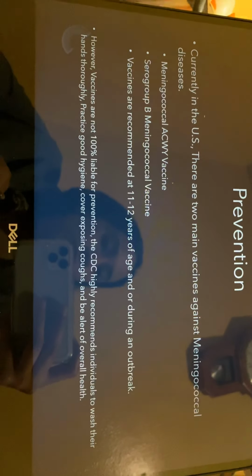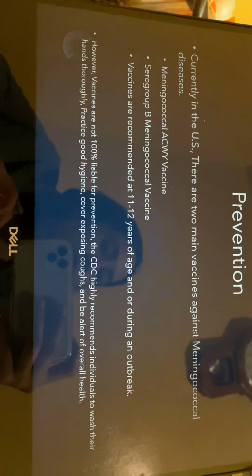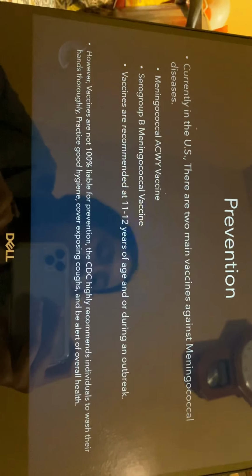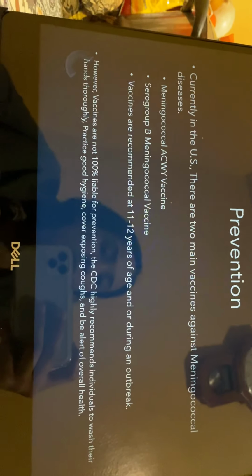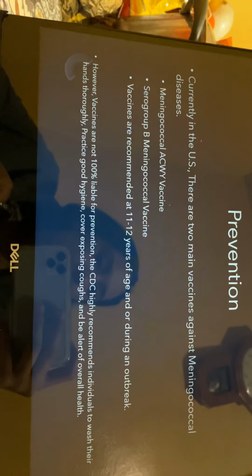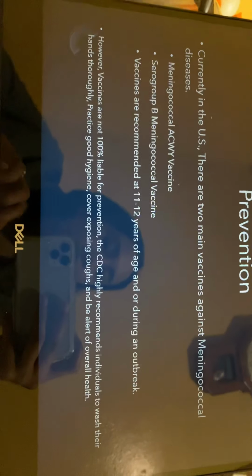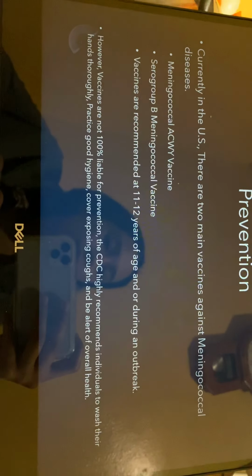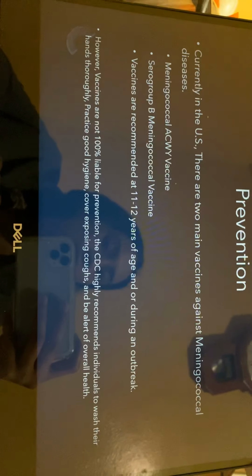For prevention, there are two main vaccines in the US being used to prevent meningococcal disease. The first one is the meningococcal ACWY vaccine. The second one is the serogroup B meningococcal vaccine.